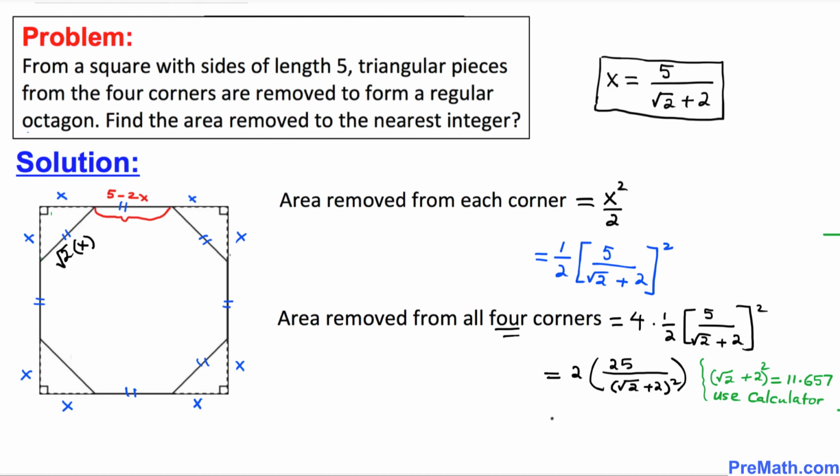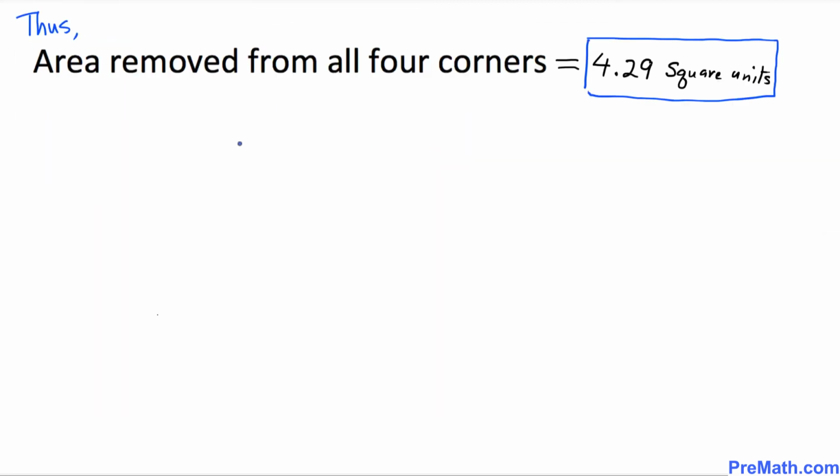On the top, 2 times 25 becomes 50, divided by 11.657, and if you calculate this, we get 4.29. So the area removed from all 4 corners of the square is 4.29 square units.